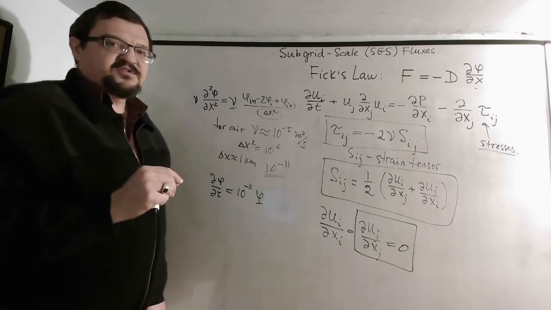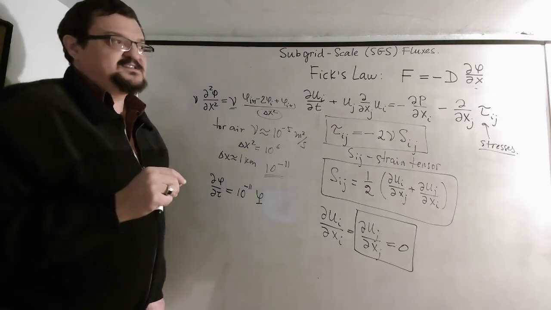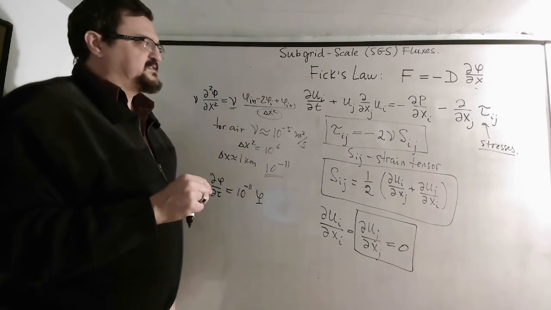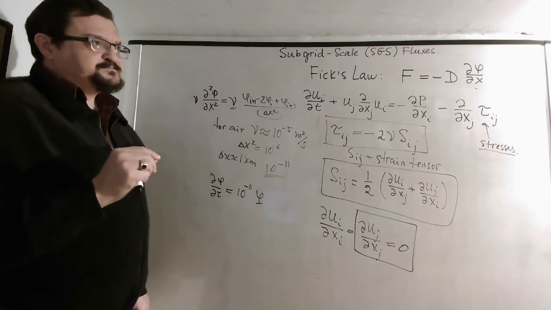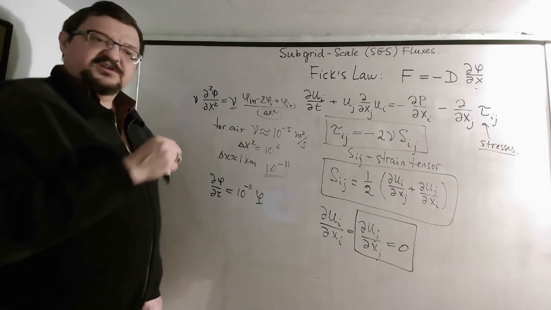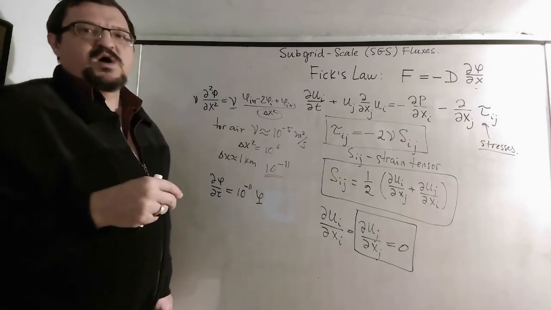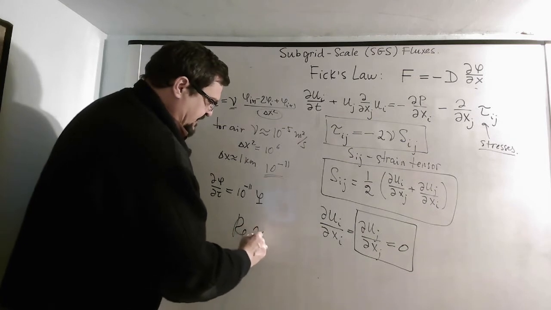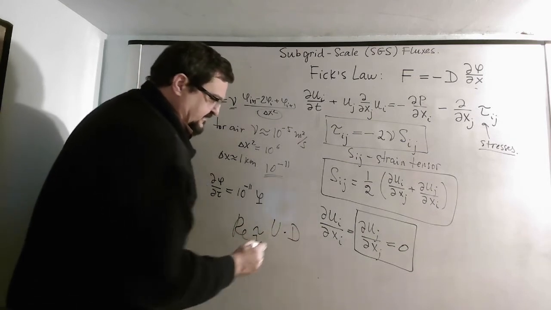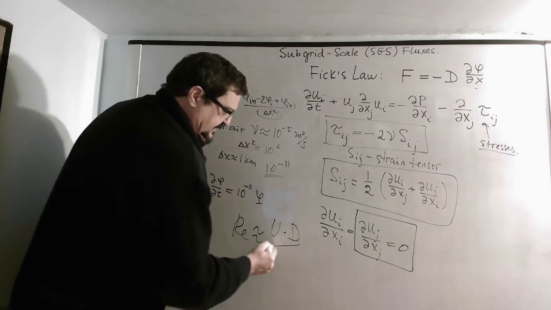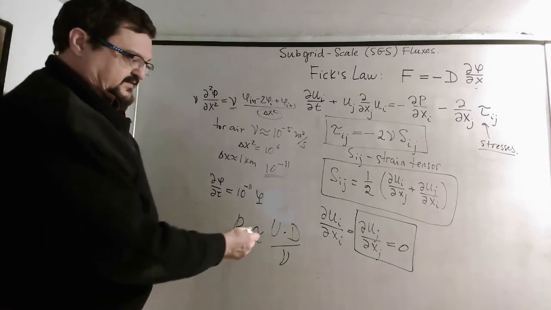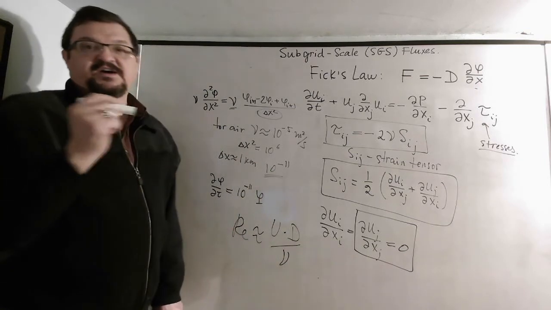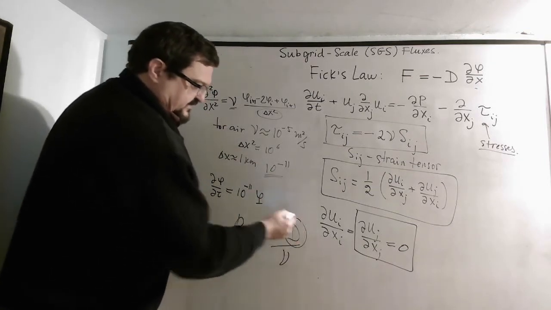The laminar regime is the one controlled by viscosity, and the turbulent regime is when it's not controlled by viscosity, but controlled by so-called inertial forces. And so the Reynolds number transition between those two is usually in the order of 1000. Reynolds number is defined as some characteristic velocity times some characteristic size scale of the flow divided by molecular viscosity. So for the atmosphere, this Reynolds number is very, very large. It's mostly because D is very large.